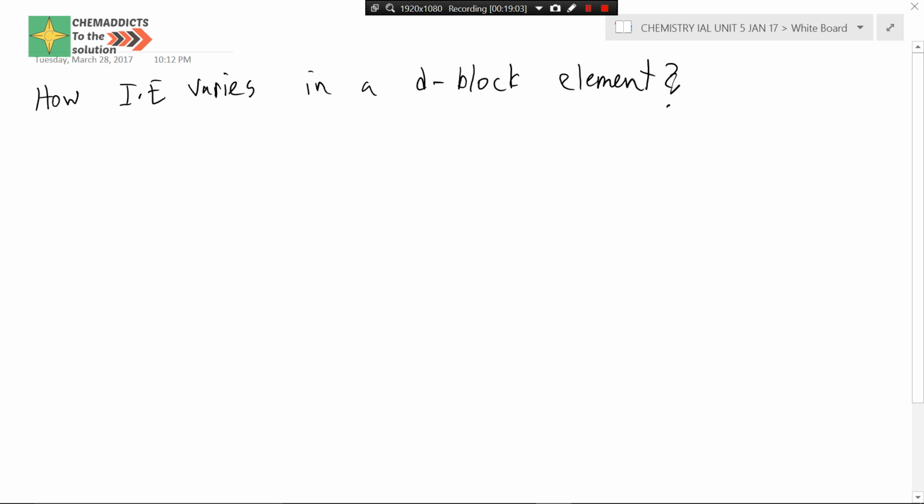Before answering this question, we need to know the electronic configuration of titanium, which has Z equals 22. The electronic configuration of titanium is 1s2, 2s2, 2p6, 3s2, then 3d2, 4s2, okay. So now let us talk about the trend in ionization energy in a d block element.